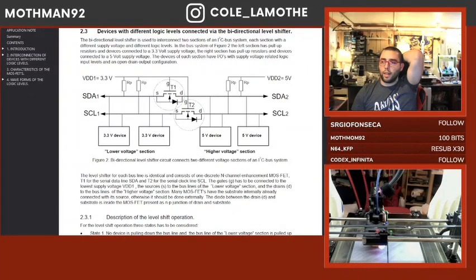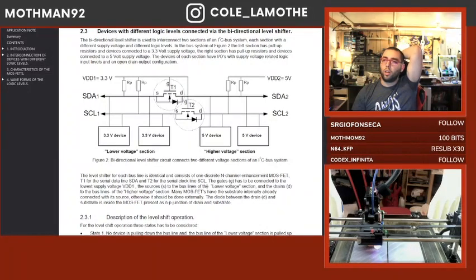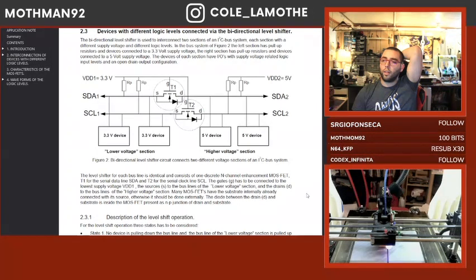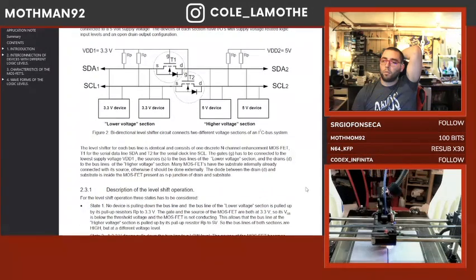Sources to the bus lines of the lower voltage. And then the drain. Otherwise, it should be done externally. The diode between the drain and substrate presents as an NP junction drain.